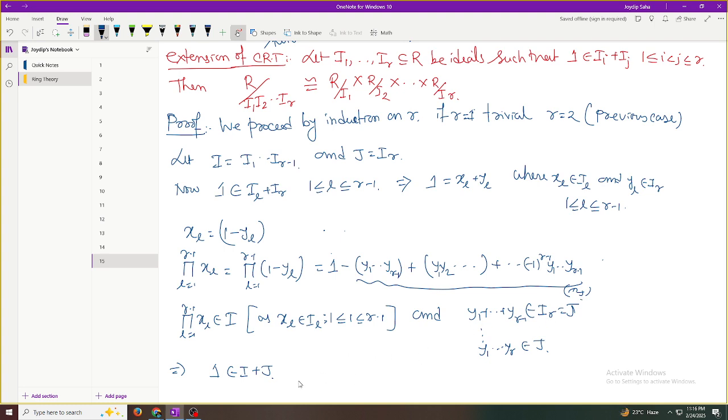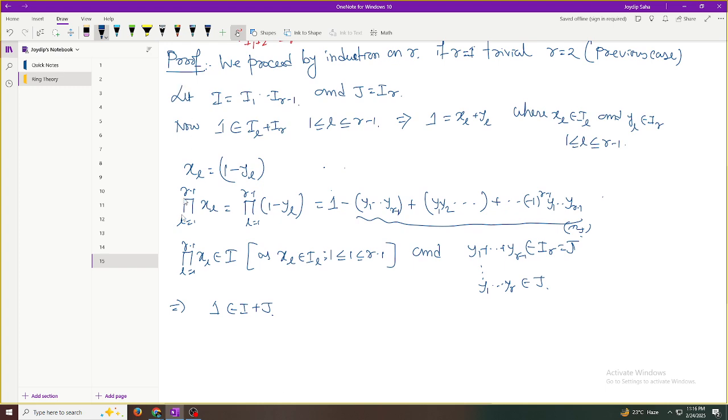So by the previous theorem, the Chinese remainder theorem, we have R mod IJ is isomorphic to R mod I cross R mod J. That means, what is your I?